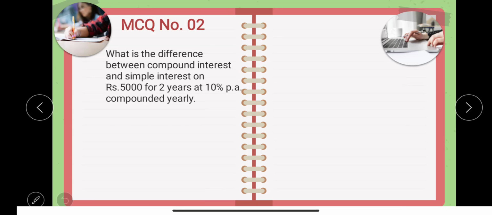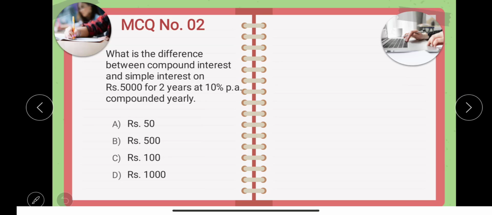What is the question? The difference between compound interest and simple interest on rupees 5000 for 2 years at 10% per annum compounded yearly. The options are given here: A rupees 50, B rupees 500, C rupees 100, and D rupees 1000.